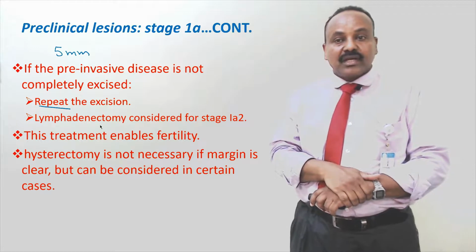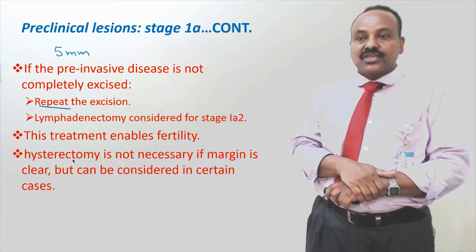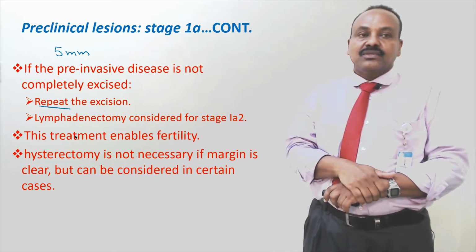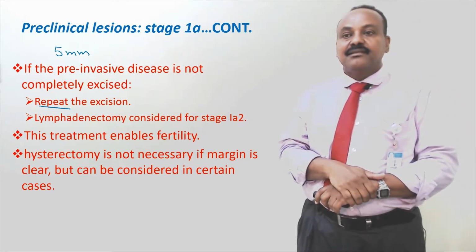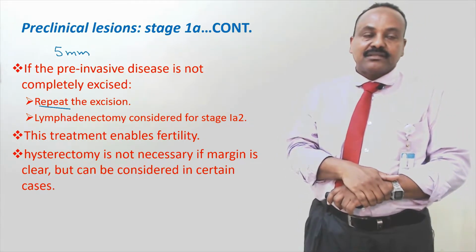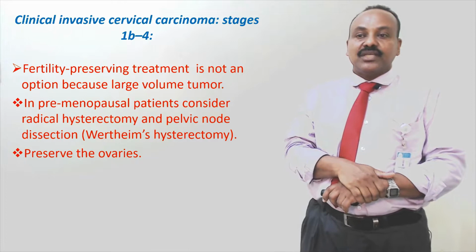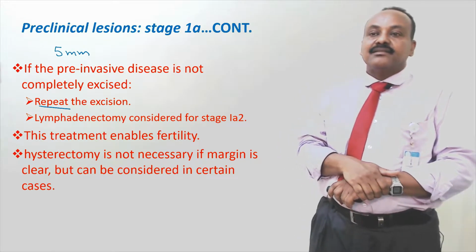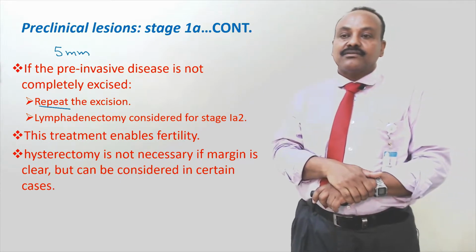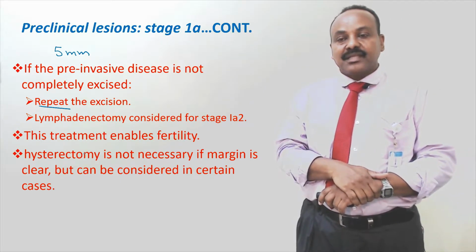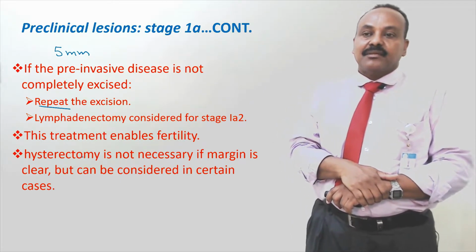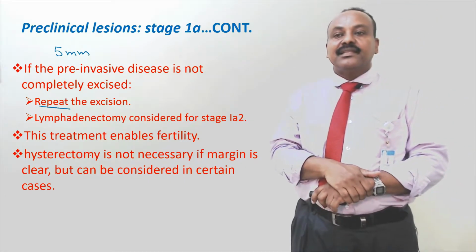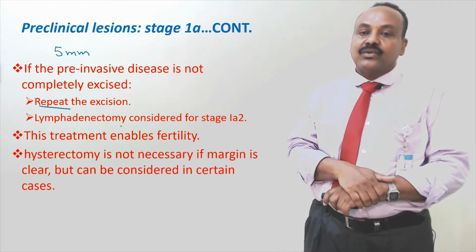Lymphadenectomy is considered for stage 1A2. If we discover stage 1A2, a microscopic lesion up to 5 millimeters in depth and up to 7 millimeters in width, this can be considered.